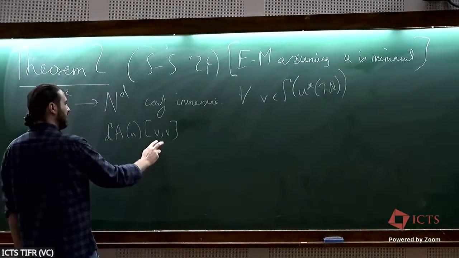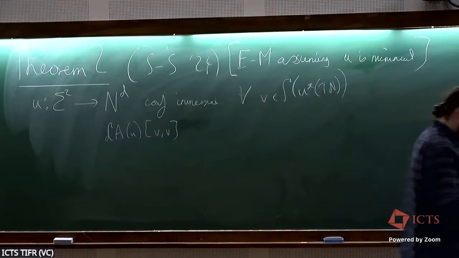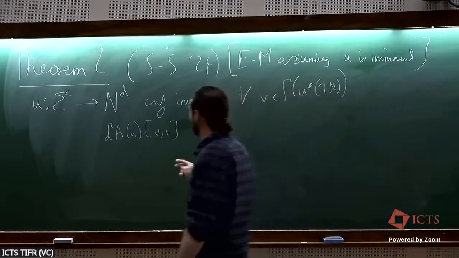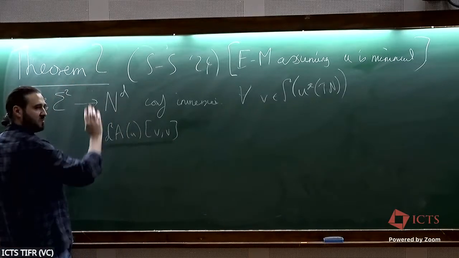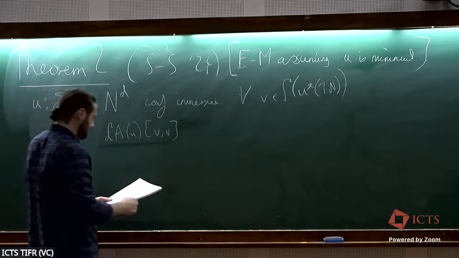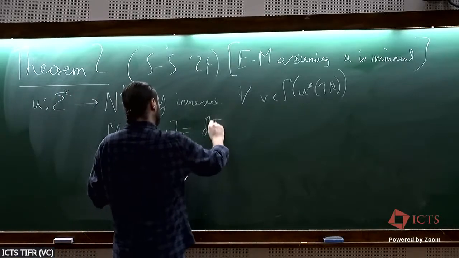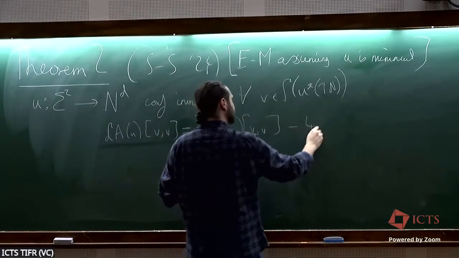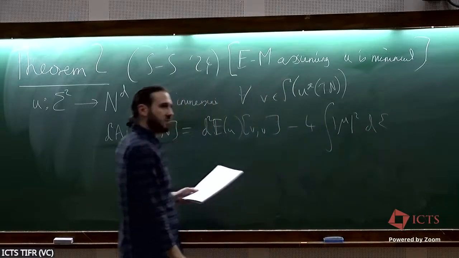I can only restrict to normal variations if I'm at a critical point of some functional, right? In order for this comparison to hold for all conformal immersions, we have to take arbitrary variations. But you can nevertheless compare these two, and the difference is some kind of infinitesimal conformal defect.